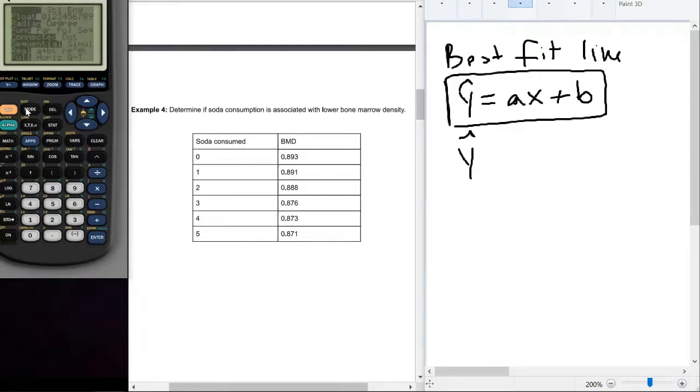So to do that, once again, stat calc number 4. And again, if you have the 83 it's a little bit different, we need to put the X list on the home screen, comma, the Y list on the home screen, and then we hit enter. Now it's giving me a negative number.